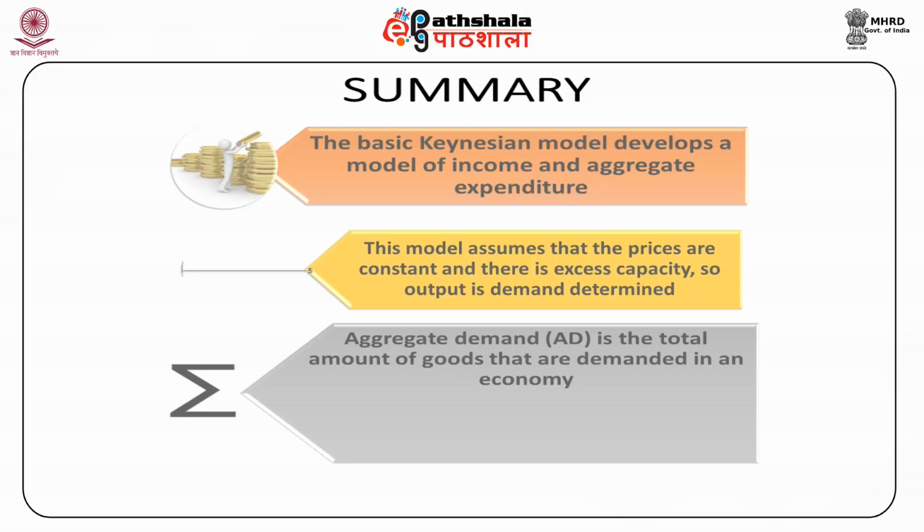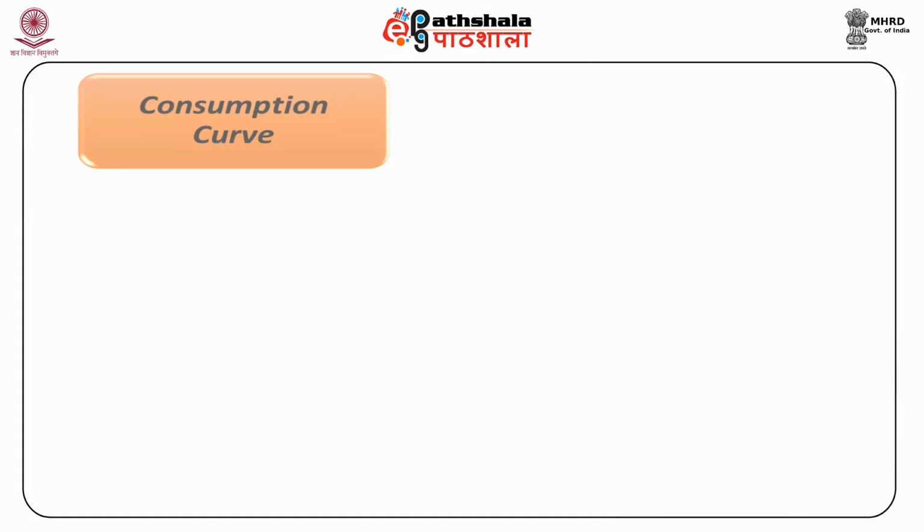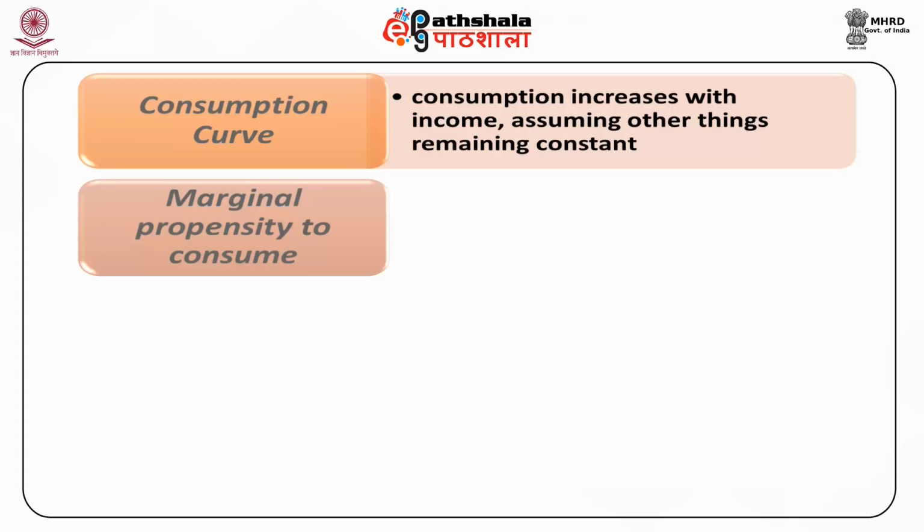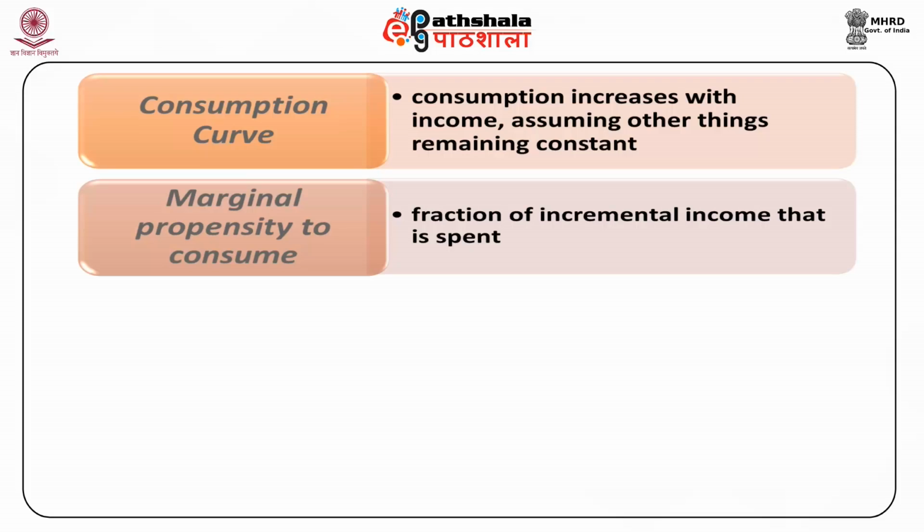There are four components of aggregate demand: consumption C, investment I, government purchases G, and net exports NX. The consumption curve shows that consumption increases with income, assuming other things remaining constant. The marginal propensity to consume, MPC, is the fraction of incremental income that is spent.